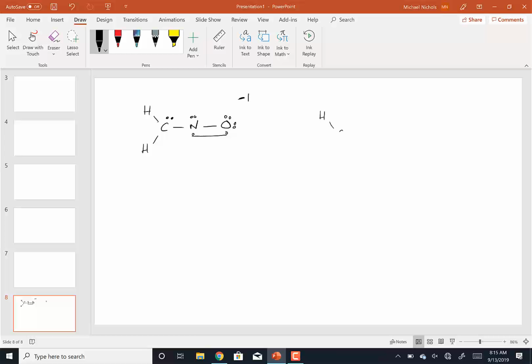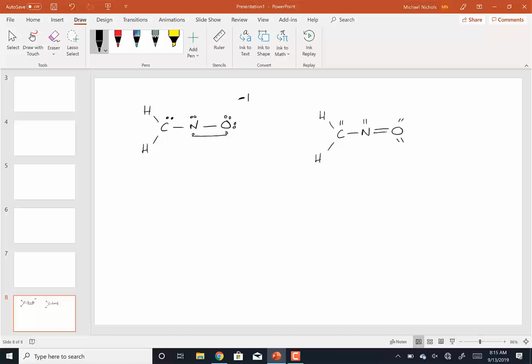So the first resonance structure I could have looks like this, if I pair up those two unpaired electrons. Now, the first thing we check is, do all the atoms have octets and are there no expanded octets? So it passes that.